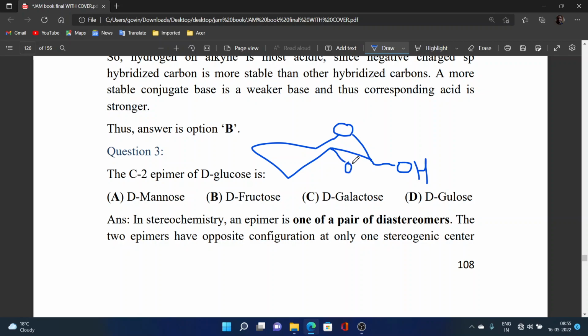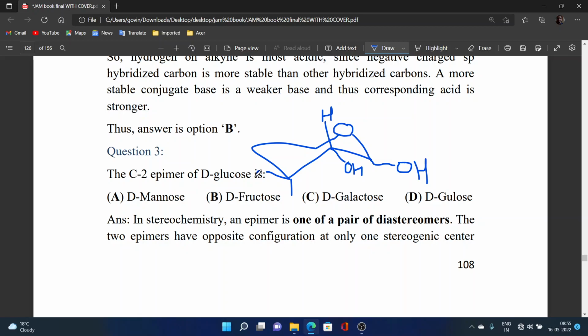So you can see here, this is carbon number 2. On carbon number 2, on the equatorial position OH is there, and on the axial position hydrogen is there, right? Similarly, at this carbon, again this is the equatorial position and this is the axial position. As I said, glucose is very easy to remember.